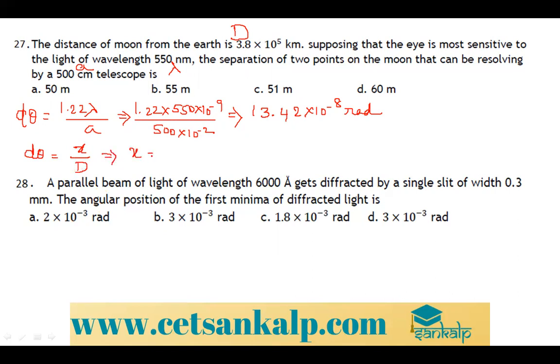So x is equal to d theta into capital letter D. So it is 13.42 into 10 to the power minus 8 into 3.8 into 10 to the power plus 5 kilometer, so again 3, so 10 to the power 8.